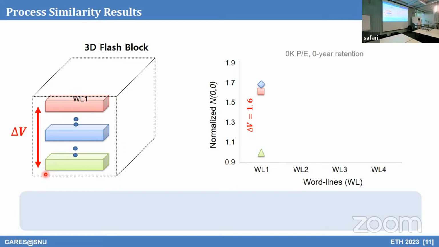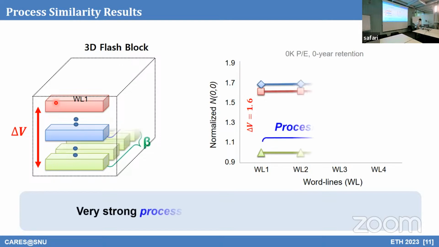So within the same vertical layer, we assumed that there are 4 word lines, and for each word line we measured delta V and delta H on this layer. And if you look here, delta V turns out to be 1.6. That means between the best and worst word line, there is a 1.6 difference in terms of number of errors.